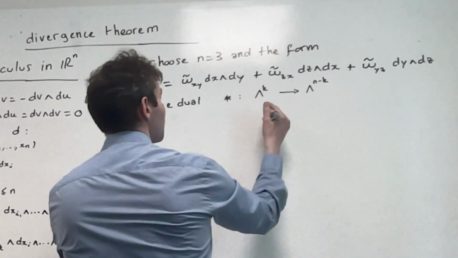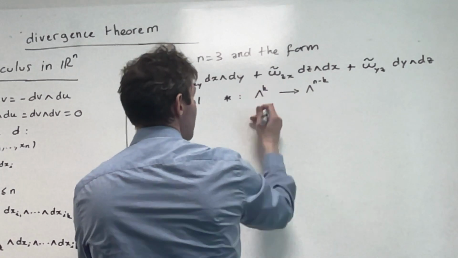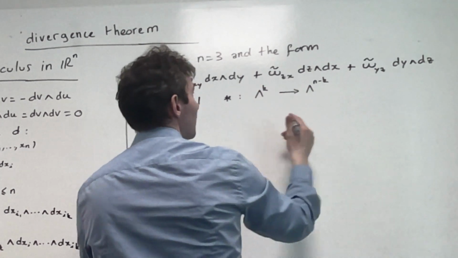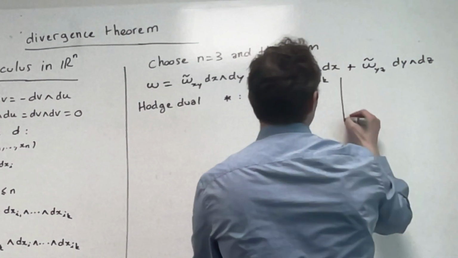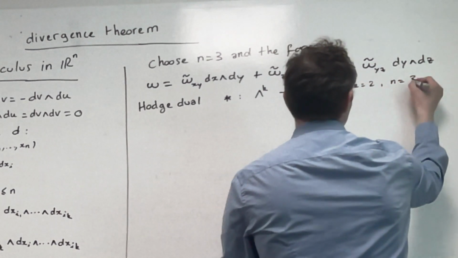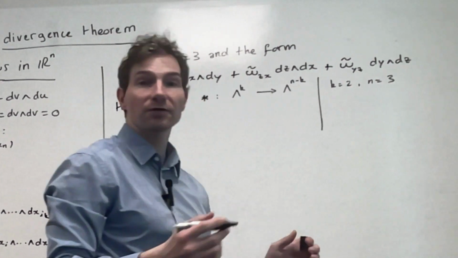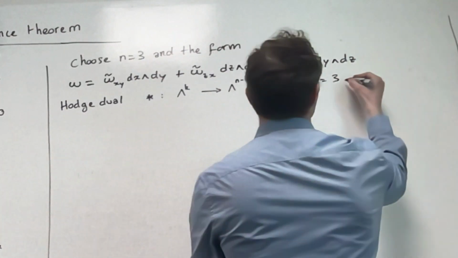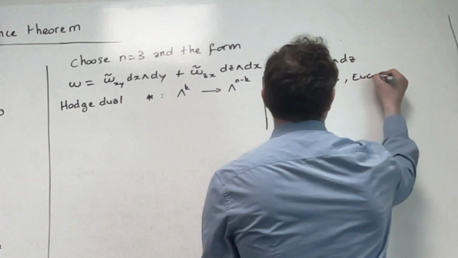So we are going to have, for example, if we've got k is equal to 2, n is equal to 3, and you need to specify in principle that we are using the Euclidean metric.